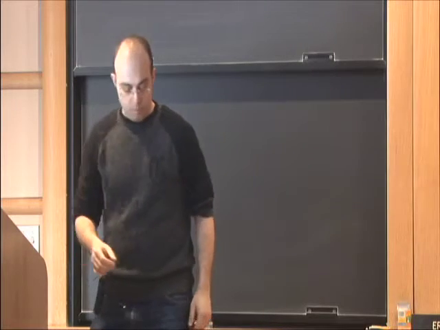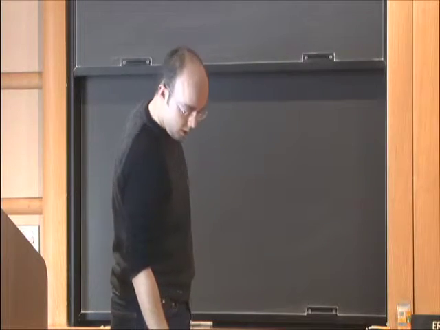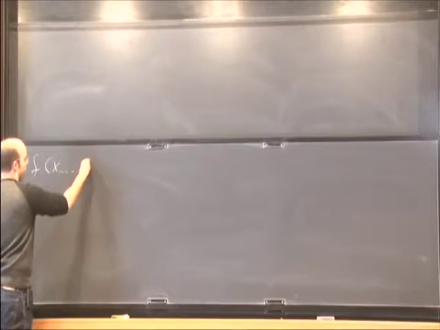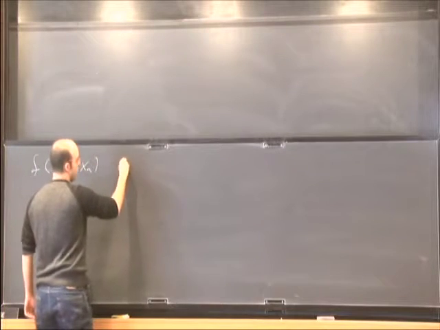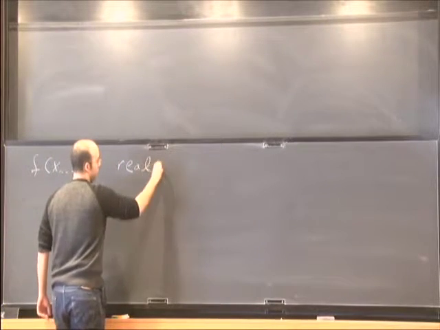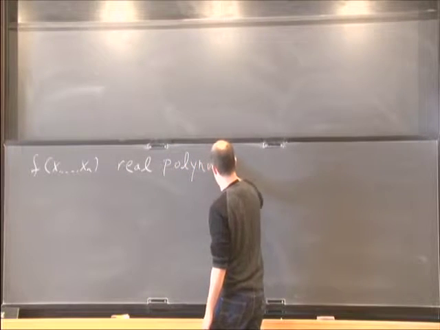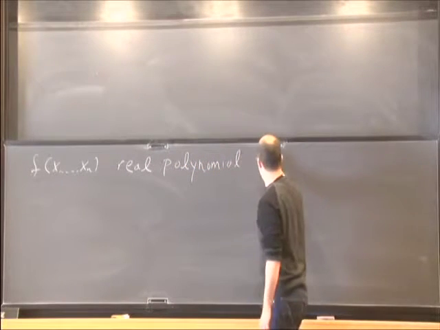Great, so I'm going to speak about polynomials and Gaussian variables. Let me just define what the setting is. We're going to have a polynomial f of x1 to xn, a real polynomial of degree d.